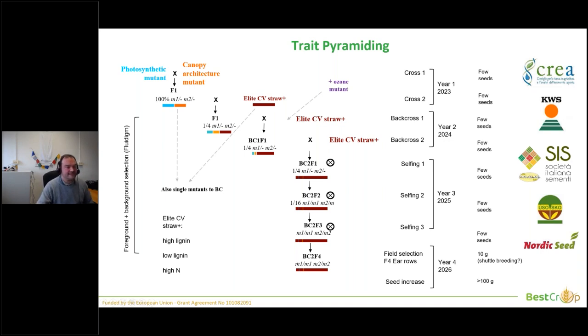But we have, as I said at the beginning, several companies working in the breeding and seed sector, and they will be instrumental to implement all our breeding strategy.